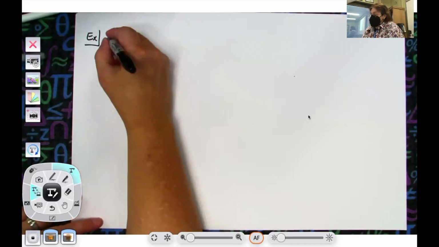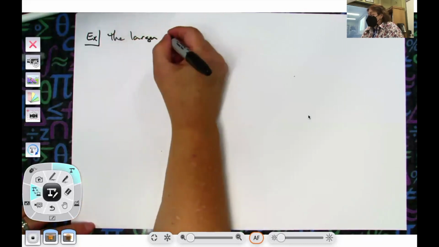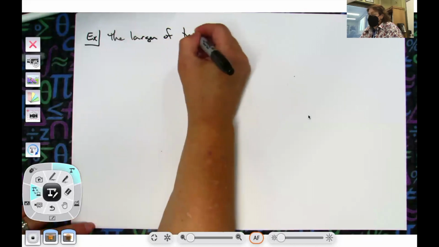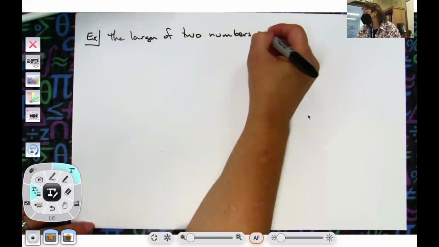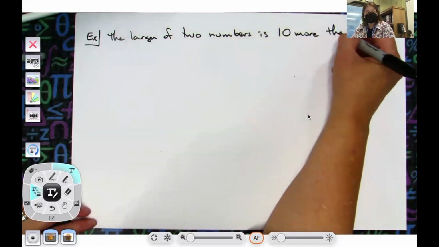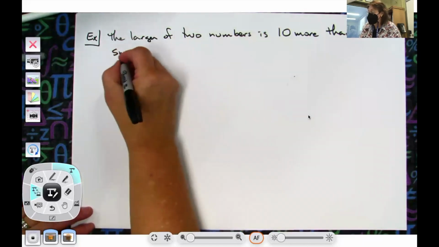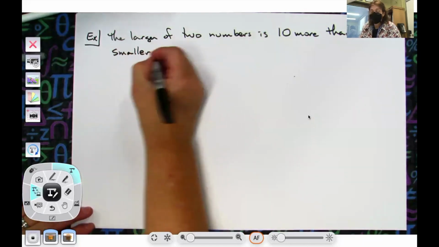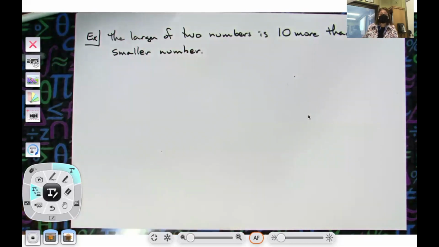Okay, so let's say the larger of two numbers is 10 more than the smaller number. Okay, so obviously this problem, we're setting it up with a smaller number, larger number.